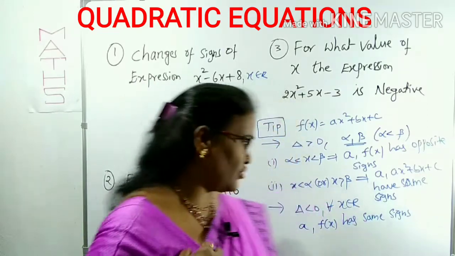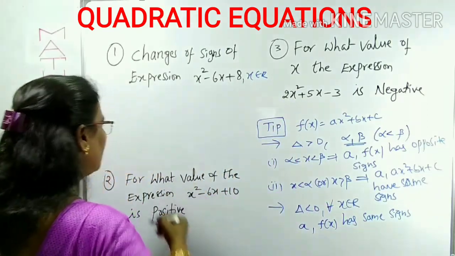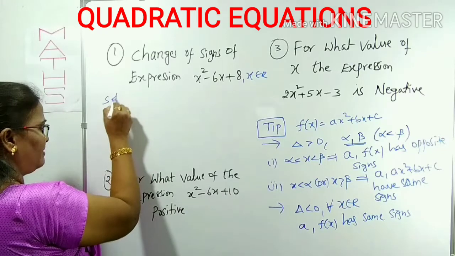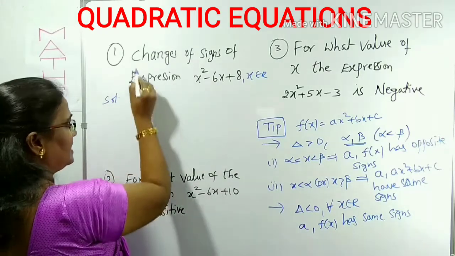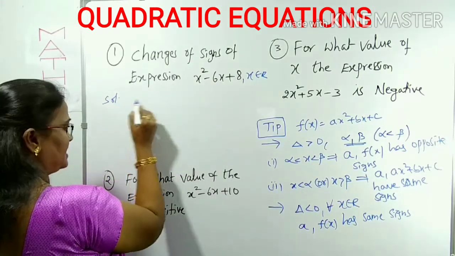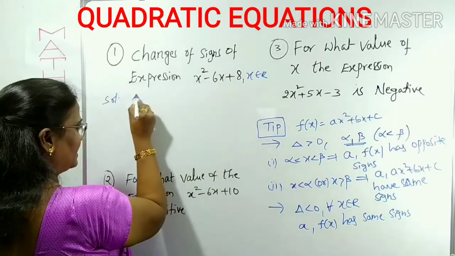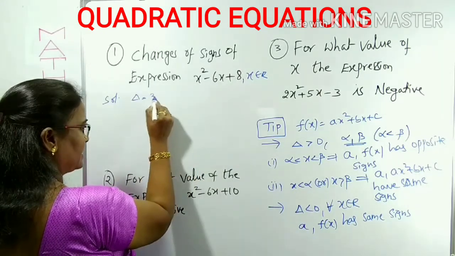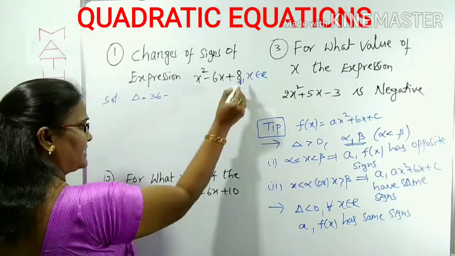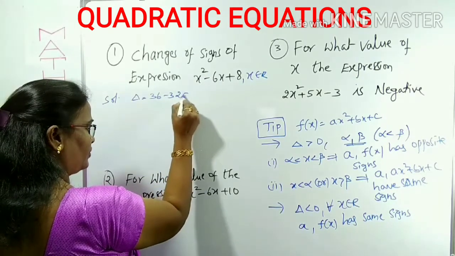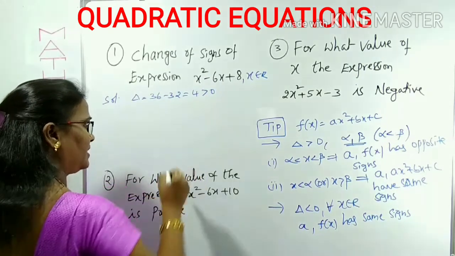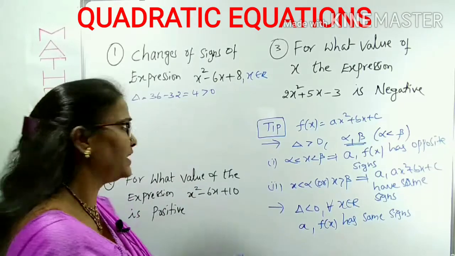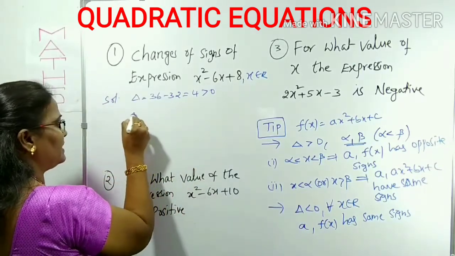Now we can come to this question. For our convenience, you can take f(x). He is asking about changes of signs. What is the delta here? B square, 36, minus 4 times 8, 32, is 4, which is 100% greater than 0. Delta greater than 0 means it has roots. You can find the roots; directly you can split the factors here.